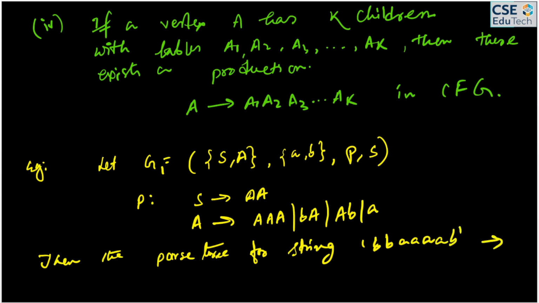Now, we have to generate this string by using these production rules. If we start from S, this is the derivation of AA, we start from here.